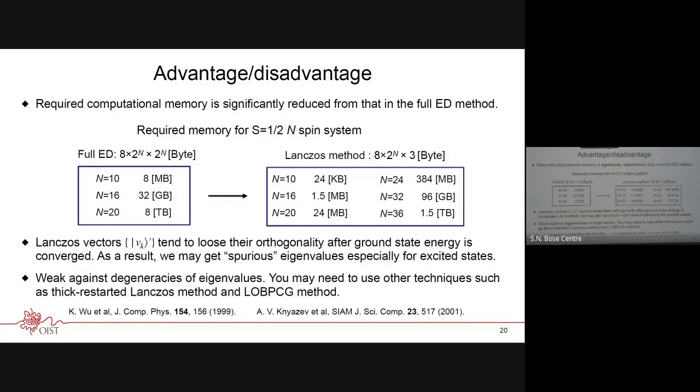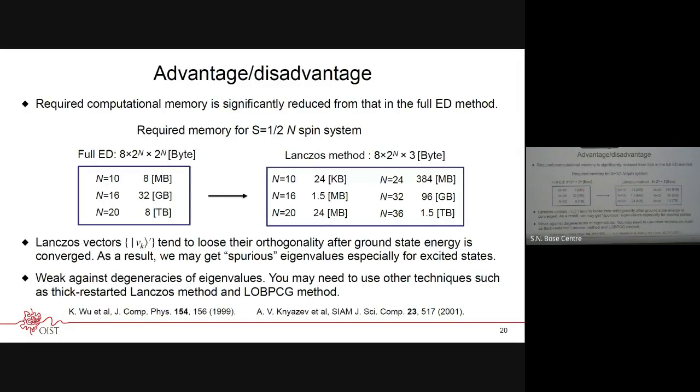Okay, so let me explain the advantage of the Lanczos method. The memory is significantly reduced compared with the diagonalization methods. This is the required memory for the full diagonalization method, as I said before, which requires 8 times 2 to the n bytes. So we need huge memory.